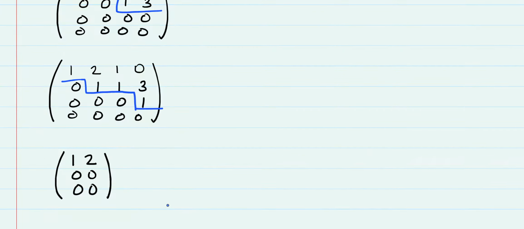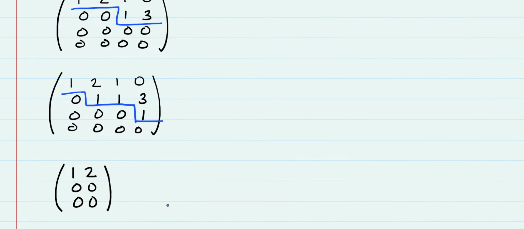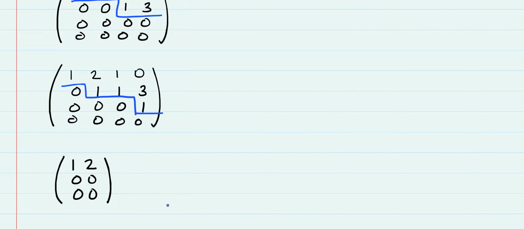What about this matrix? Before we were looking at 4x4 matrices. Now we have something called a 3x2 matrix: I have 3 rows and 2 columns. Is this in row echelon form? The answer is yes. The leading coefficient of this row is a 1, and the non-zero rows are below it. So this is in row echelon form.